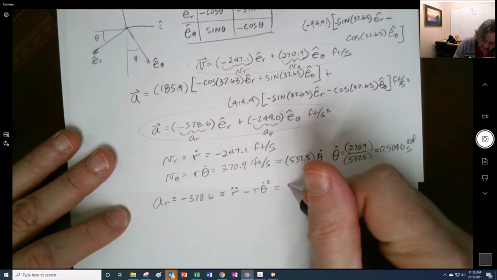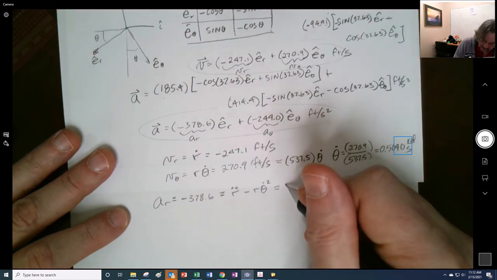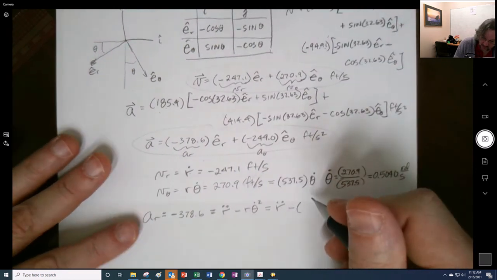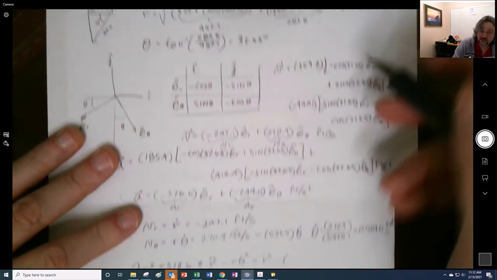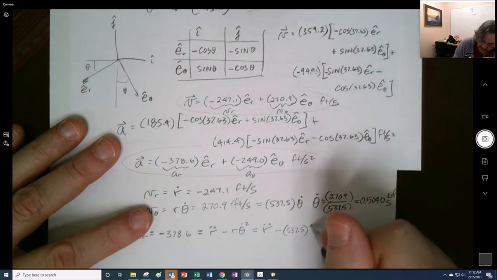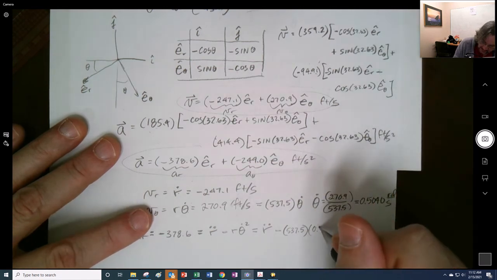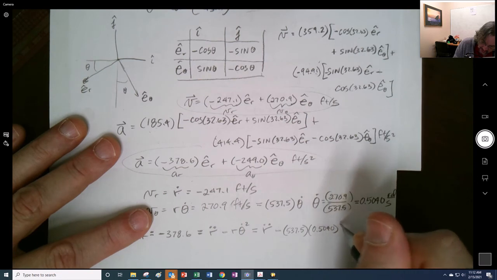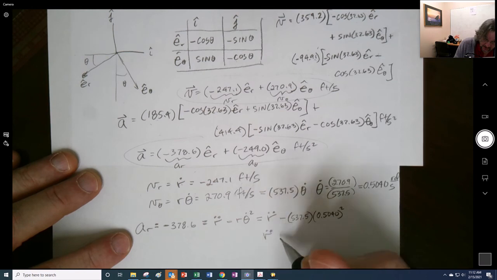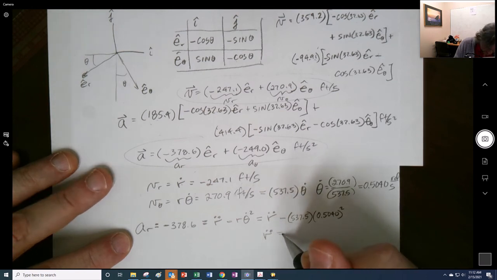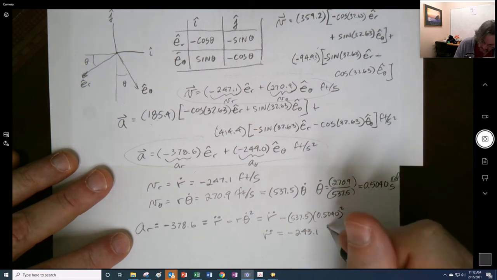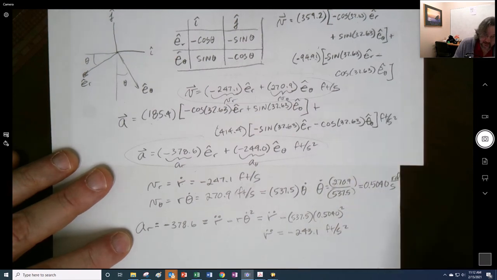We have the r already, 537.5, and we just got theta dot, so it's 0.5040 squared. From that, we're able to get r double dot. So r double dot is negative 243.1 feet per second squared.